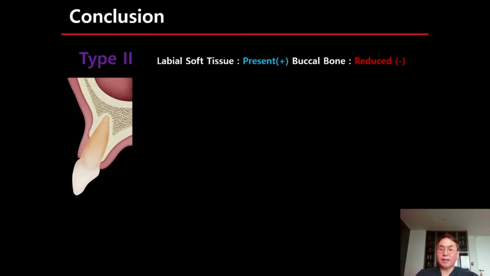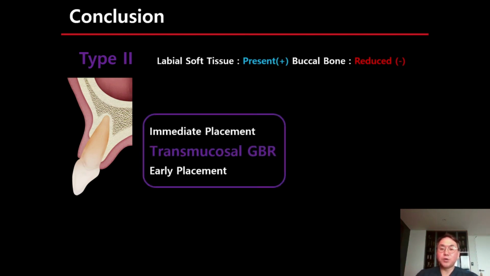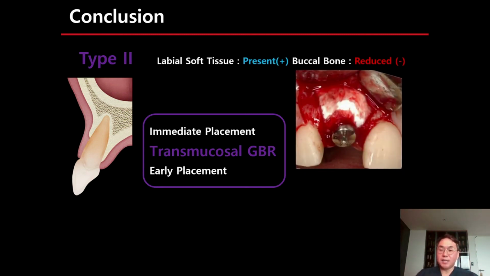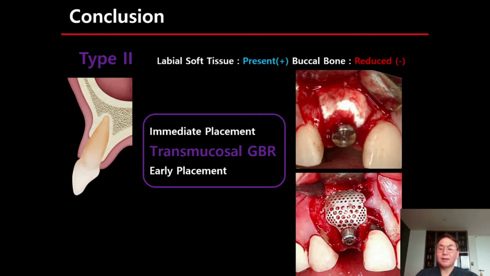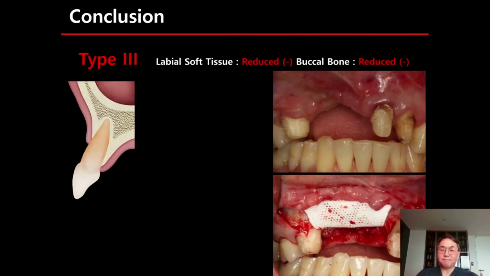But type 2 socket: sound labial soft tissue, but buccal bone recession. In this case, do transmucosal GBR. Do immediate implant placement after flap elevation, and do transmucosal GBR with reservoir membrane or smart builder, as we talked in the previous sessions.